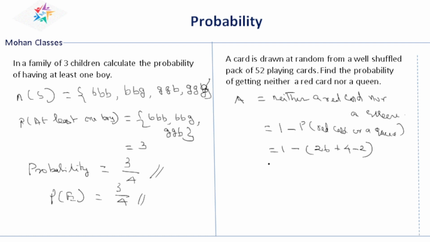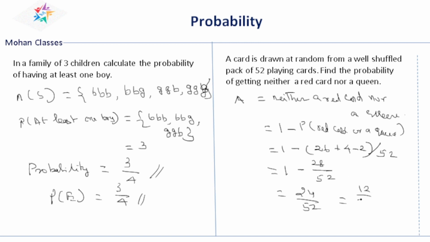So what you will get? 1 minus 28 divided by 52. That is equal to 24 by 52. If you are simplifying it, what you will get? 24 by 52, right?